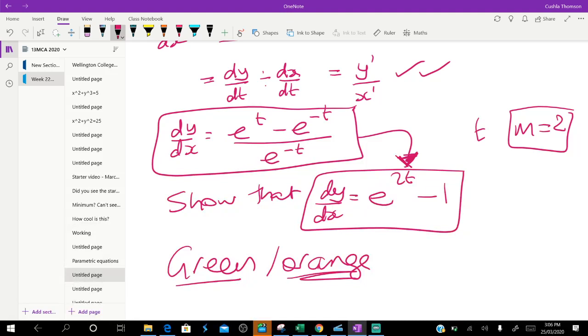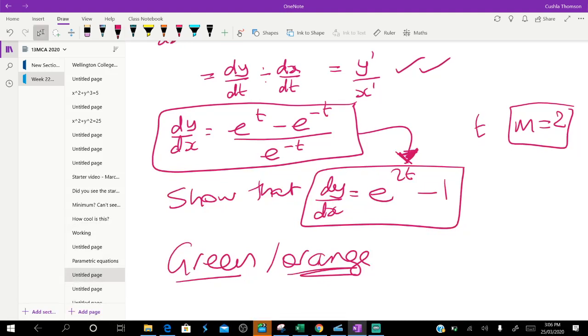Why would you need to convert parametric into Cartesian? Because well, sometimes you're going to want to do that to be able to see the curve, right? So it will depend on the situation. Your graphics calculator can put in parametric on some of them, but it's much easier for me, for example, to visualize.